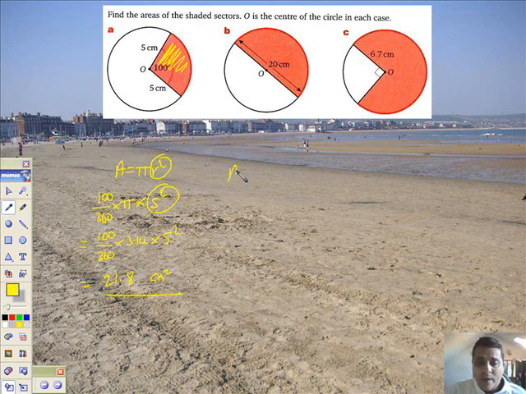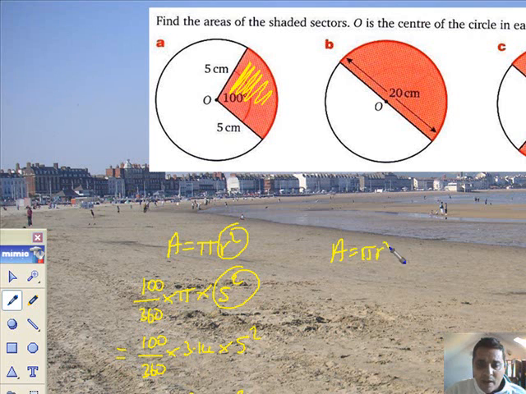Here we have half a circle again, still based on A equals pi r squared. Again, be very careful. We've been given the diameter, and therefore the radius equals 10 centimetres. I could write it in yellow because it shows up better against the red background. So what I want to do is just work out the area of this sector there. Is that okay? So I've got half a circle, clearly so.